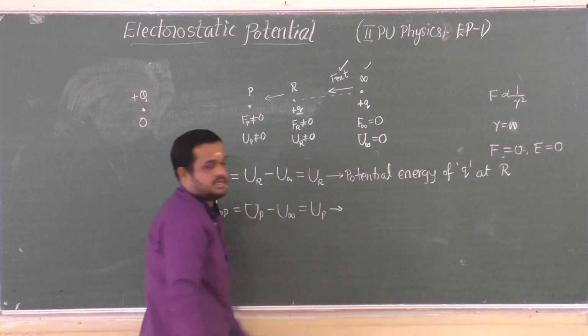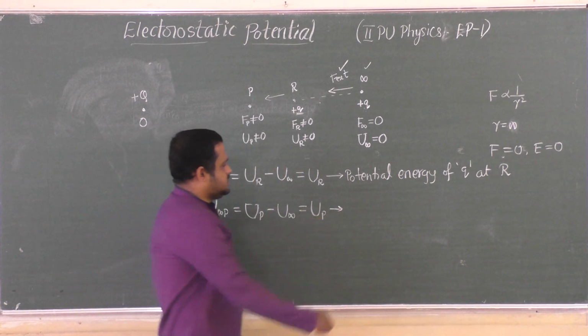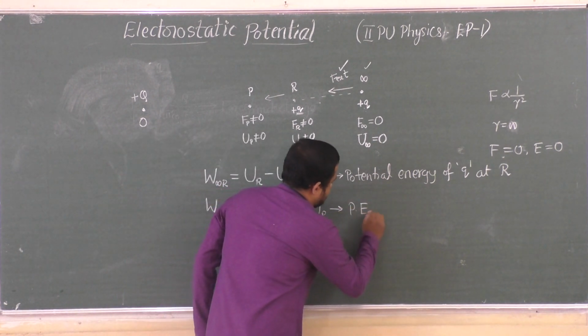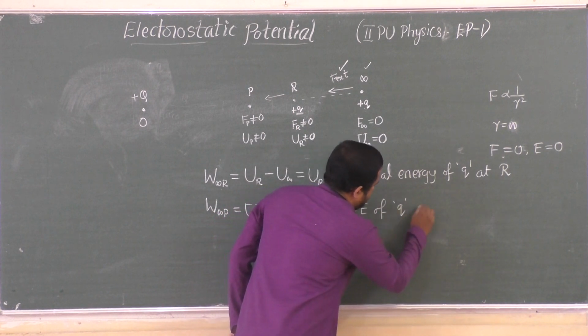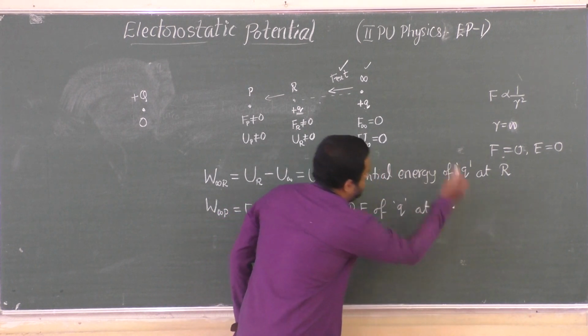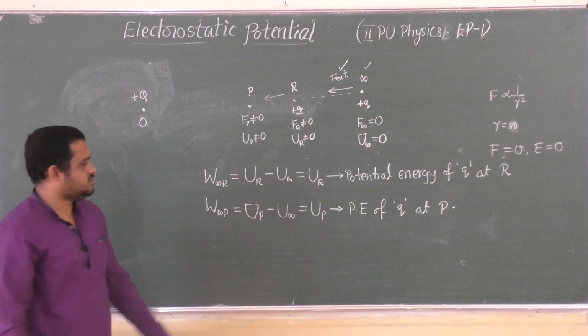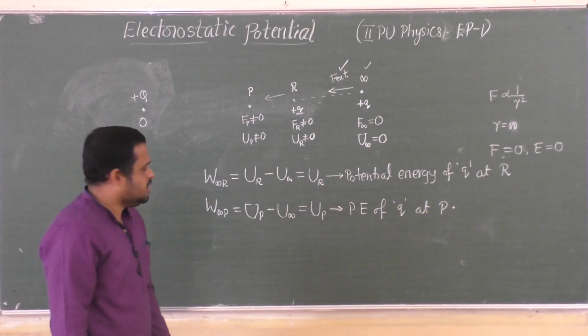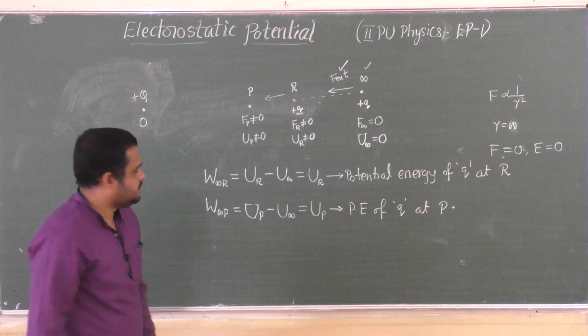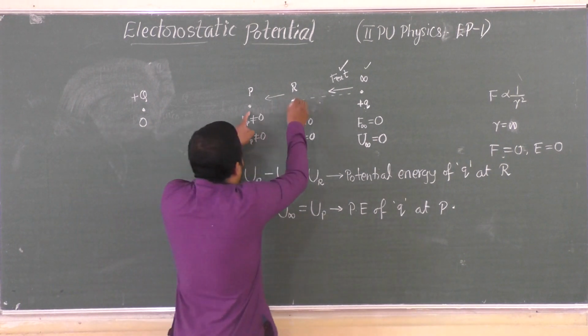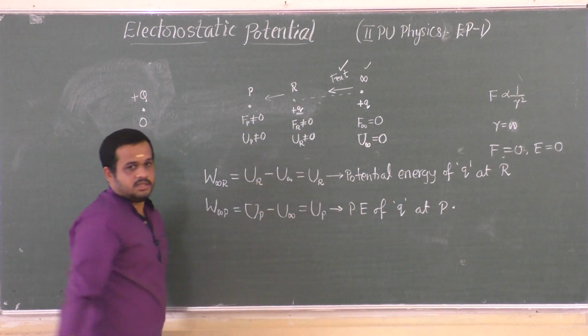Now what is this quantity? It is nothing but the potential energy of charge Q when it is at point P. Right? Next, let us consider these 2 points.